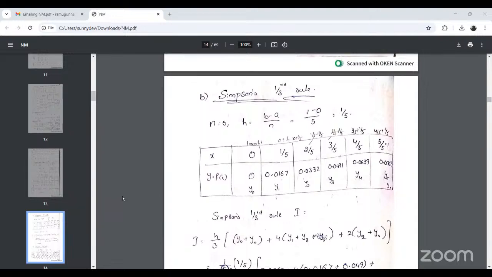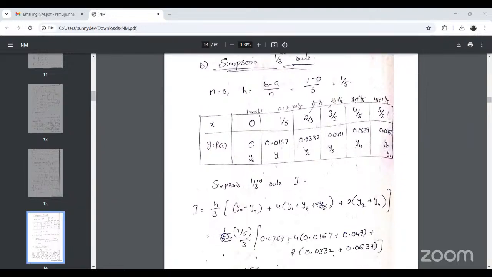Okay. Next, Simpson 1/3 rule. So what does the Simpson 1/3 rule mean? N equal to 5 and h equal to (b minus a) by n. That is (1 minus 0) by 5, that is equal to 1 by 5. And the x values, so 1 by 5, no?